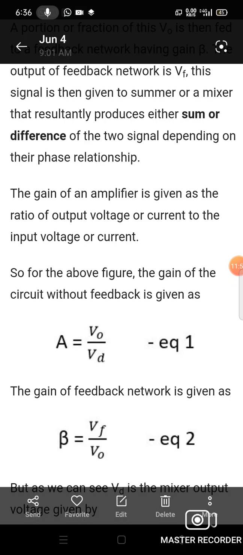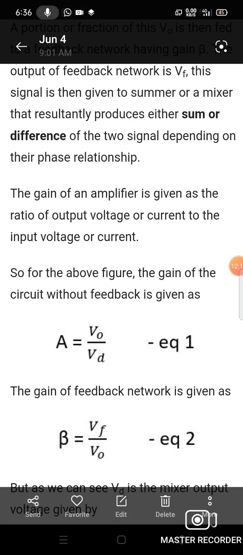There the gain, denoted by A, for the amplifier is equal to output voltage to input voltage. See, in this ratio we have the variables V0 and Vd. Vd is the amplifier input voltage, that is the mixer output voltage, right?